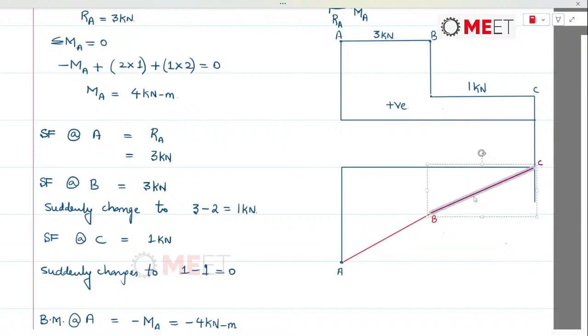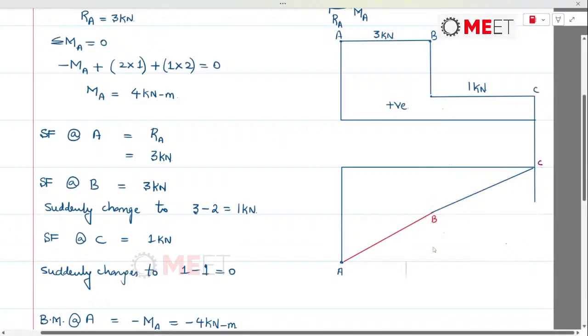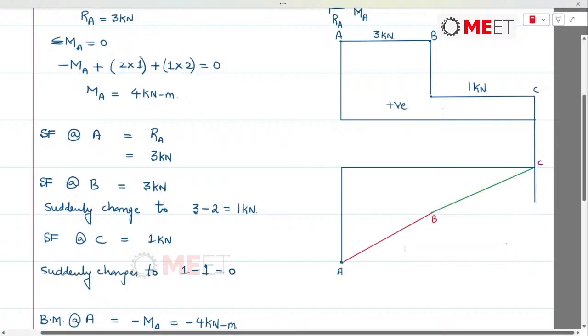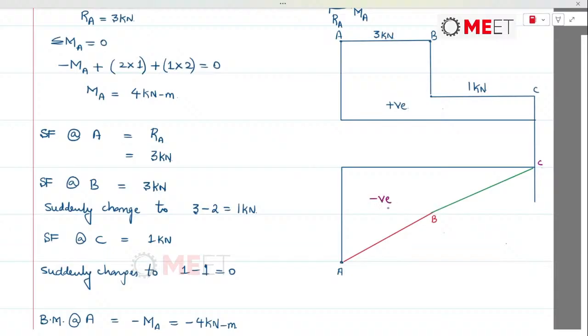Okay, so let me use a different color in order to give you a contrast. So this will be the bending moment diagram. This is going to be negative. At A it was 4 kilonewton meter. At B it is 1 kilonewton meter, and at C it will be 0.